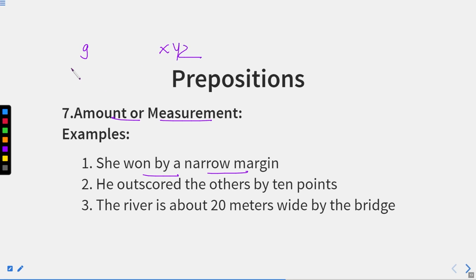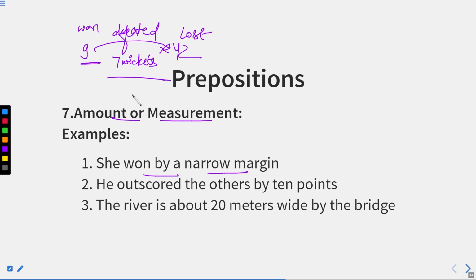India defeated this team. Defeated means India won and this team lost. If India has defeated XYZ team and won by 7 wickets, we can say India has defeated XYZ team by 7 wickets. It means 7 wickets were left.